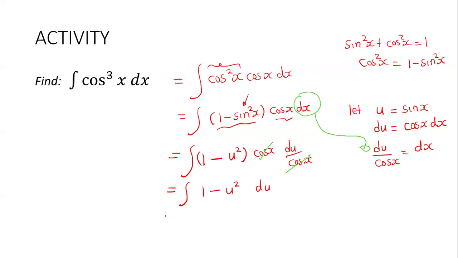Members in the chat, can you integrate this quickly and put your answer in the chat? Everyone at least put that one in the chat and we see the basic integration now. 1 minus u squared du. When you integrate, write it in terms of u. What do you get?